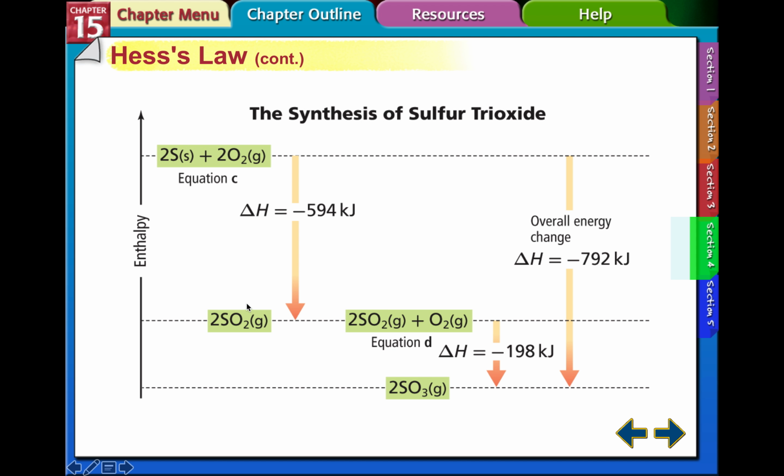We're going to combine that with more oxygen, and that sulfur dioxide and oxygen are going to combine together to create sulfur trioxide. And that's going to release even more energy. So if you were to add those two up together, that's going to be your overall energy change, going from sulfur and oxygen to sulfur trioxide.